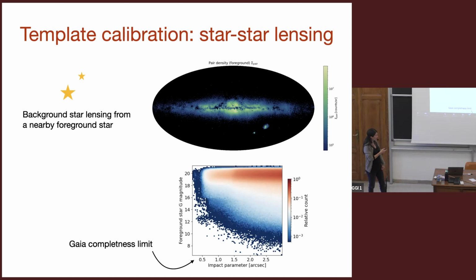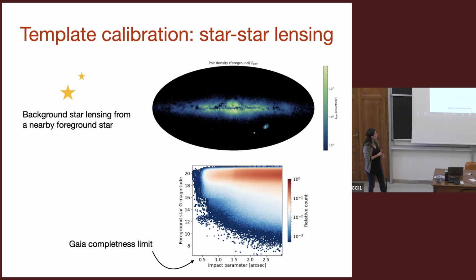Your lens doesn't need to be a dark object, but if you have one foreground massive star that happens to be accidentally close to a background star, then the foreground star itself can serve as a lens. And we found millions of such accidental pairs in the Gaia catalog.